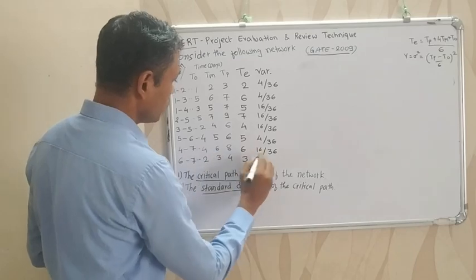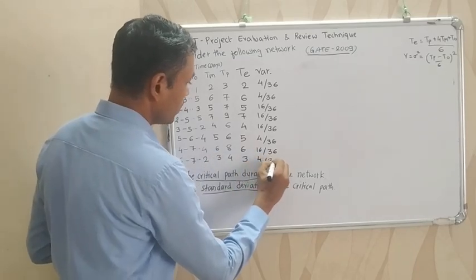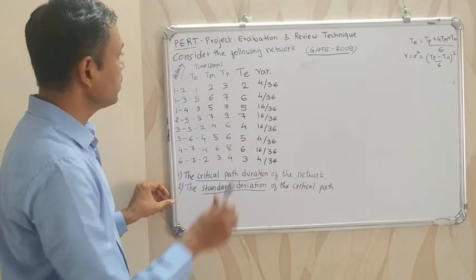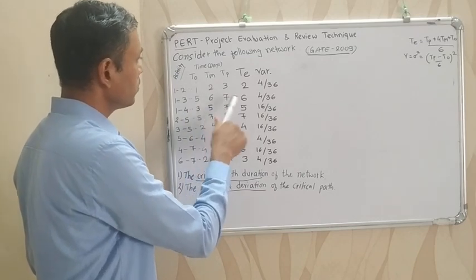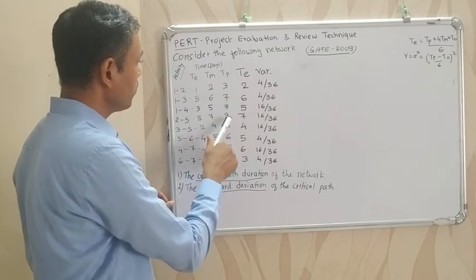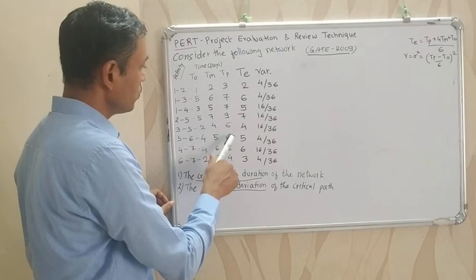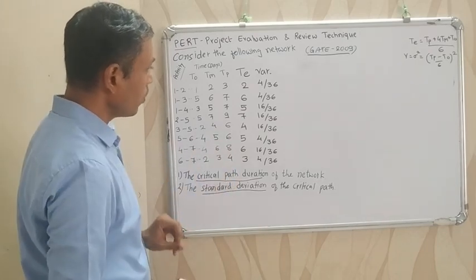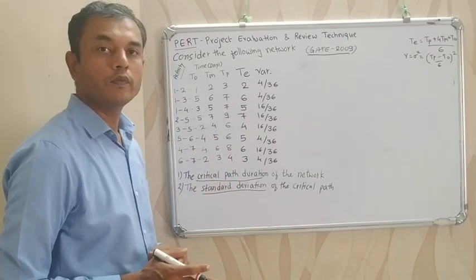And 4 minus 2, it is 4 by 36. Let's verify it. Okay, so here we have calculated the variance.